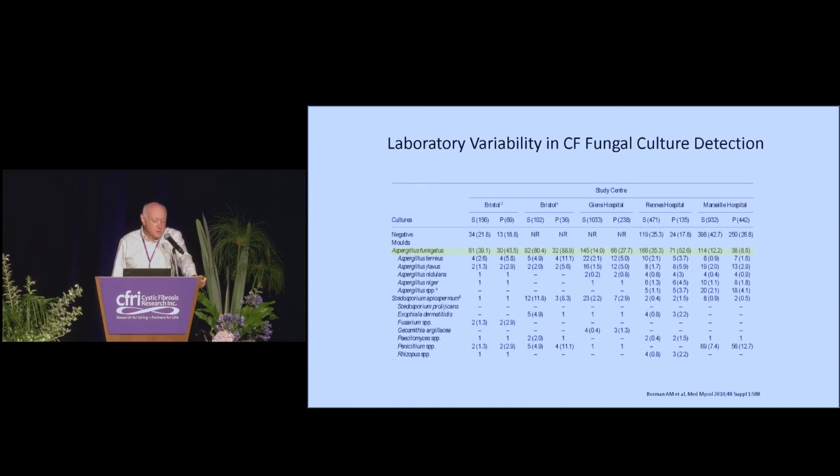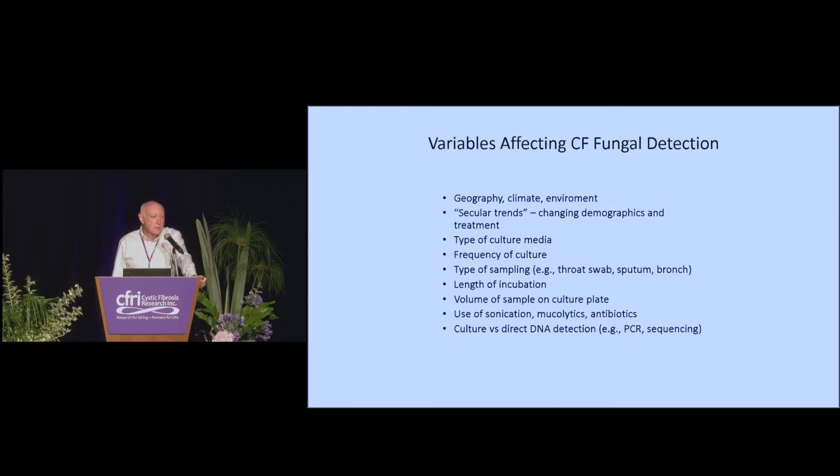So what is that really showing us? Well, it's telling us that there are a huge number of variables in fungal detection, which I've tried to list here, starting with geography. Depending on the environment and the weather, you can get wide variability in exposure and therefore prevalence rates. So the climate of the environment has a role.